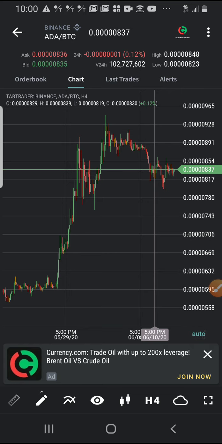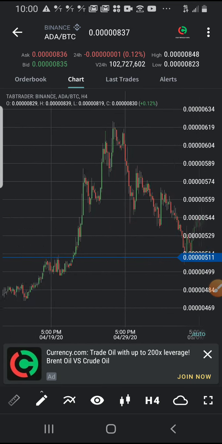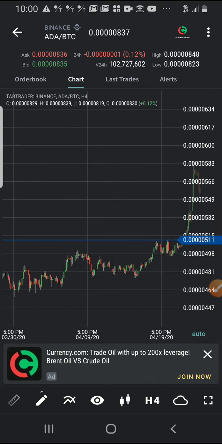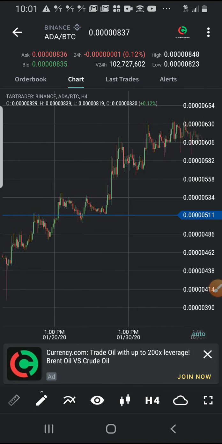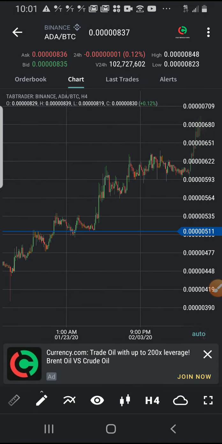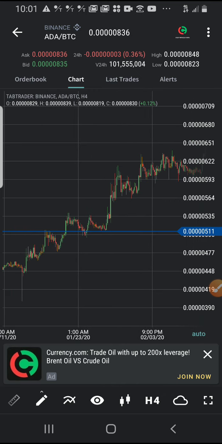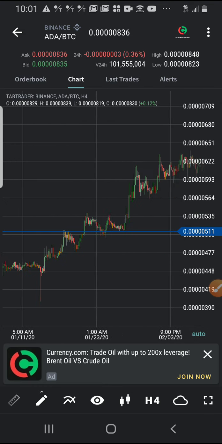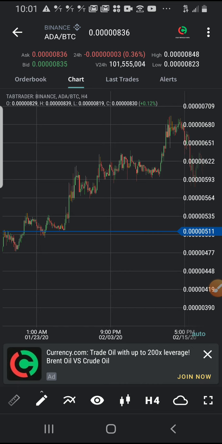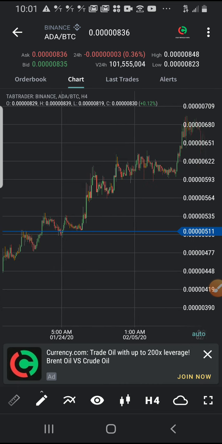Oh wow, we've pumped much on this coin, but we need to focus on the Fibonacci, right? So let's get somewhere that I think is a good one. Okay, I think this is a good one here.